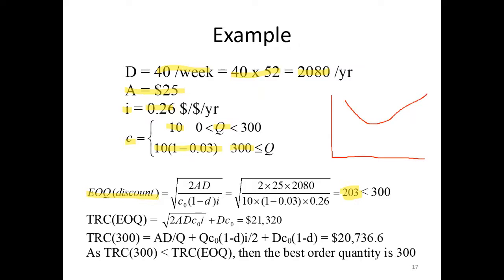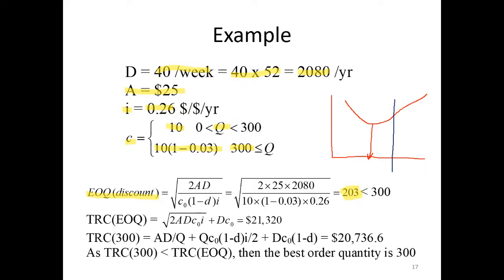Here we are using the value of C that equals the discounted value, of course. The value here is found to be 203, which is less than the quantity discount threshold defined by the supplier.